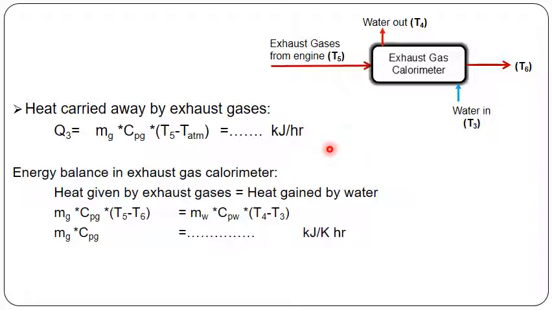In this way you can account for the losses, and we can also draw a graph showing that with the increase in load, the heat utilized is increasing and losses are reducing at each load.